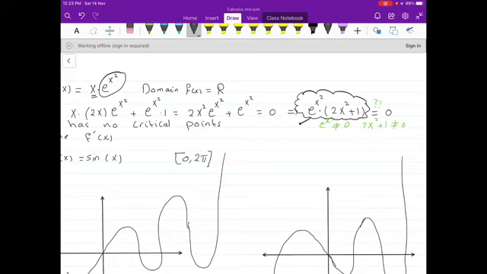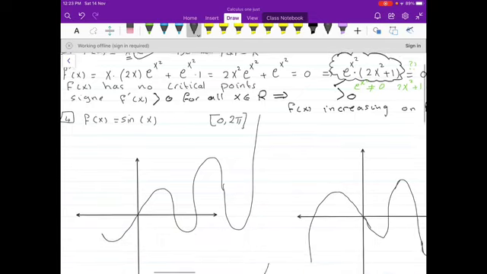So obviously f prime of x is always positive for all x belonging to R. This means f prime is always positive, so f(x) is always increasing on its domain, on R.